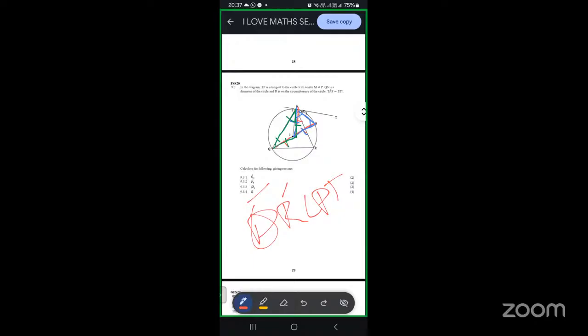We go to C. Is there a cyclic quad, guys, in this diagram? Did you guys hear a question?